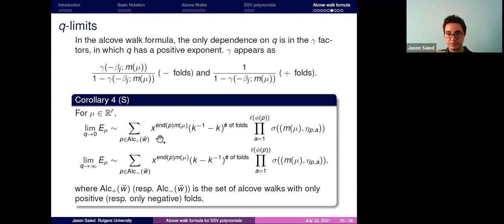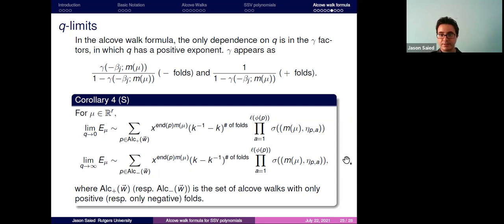Anything with a negative fold has coefficient 0. And the same product of sigma is the same x, but the more complicated eigenvalue quotient is just replaced with k inverse minus k to the number of folds. And very similarly, in the Q goes to infinity case, we have Alcove walks with only negative folds.